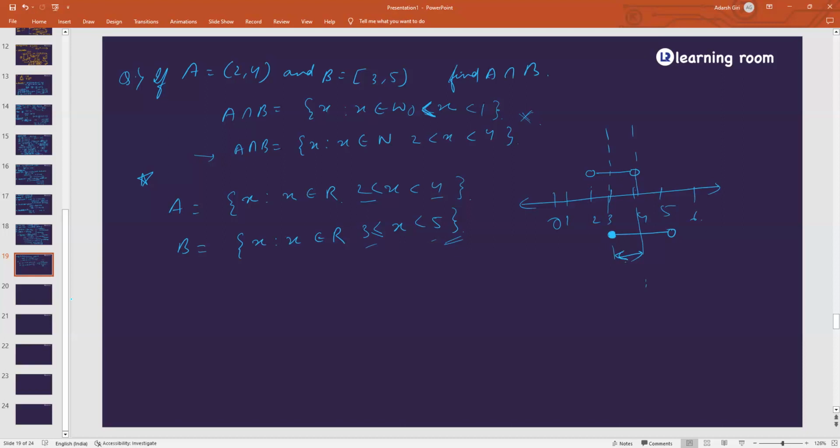What I have to find out is whether I have to consider points 3 and 4, yes or no. First tell me, do I have to consider point 3? Is point 3 common to both of these sets, A and B?